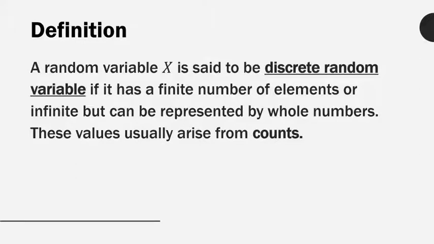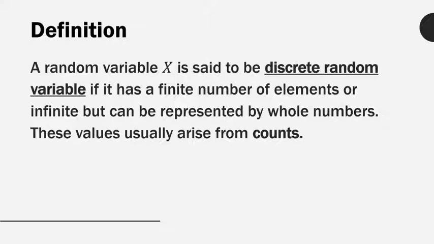To make it clearer, a random variable X is said to be a discrete random variable if it has a finite number of elements. Or it can also be infinite, but it must be represented by whole numbers.